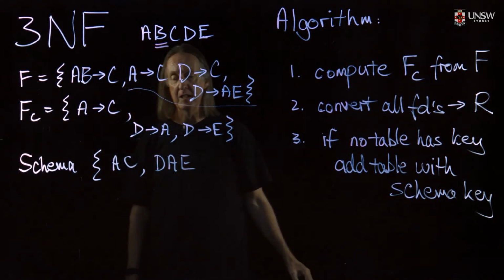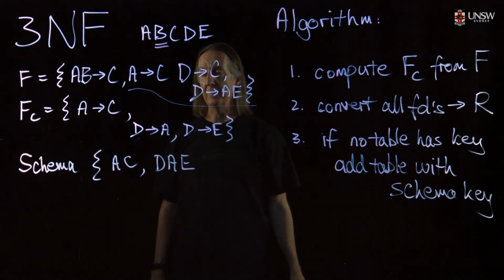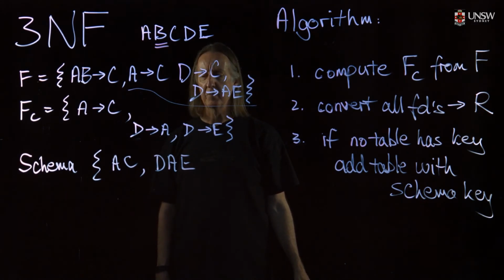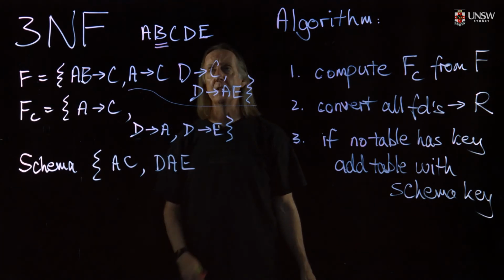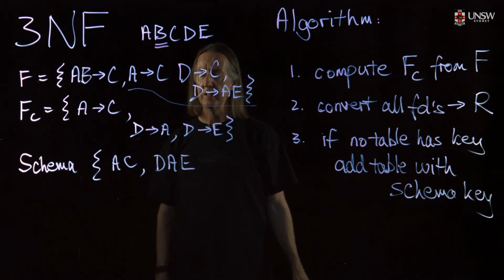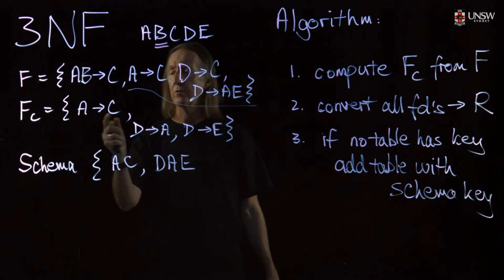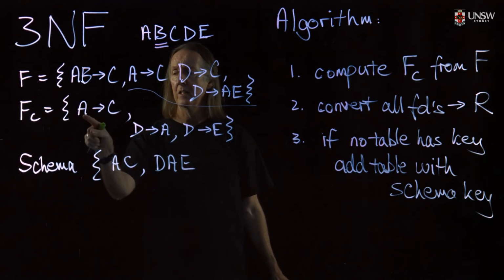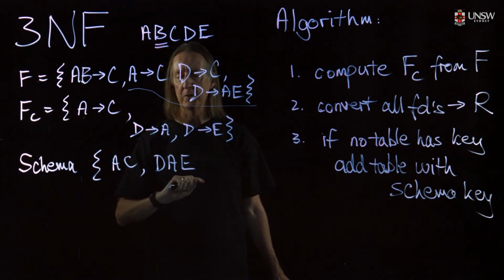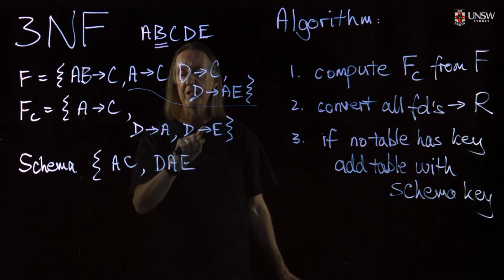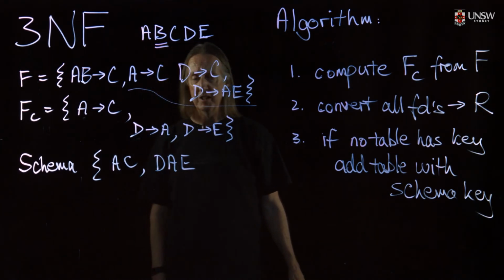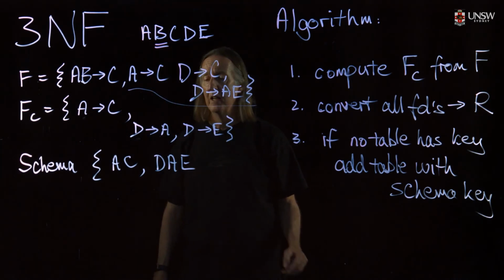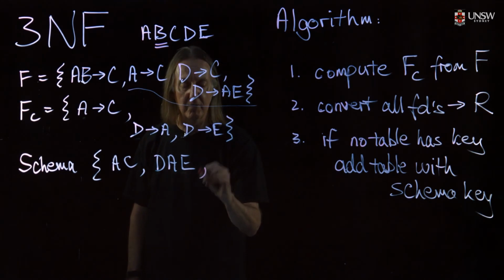B doesn't appear anywhere. So that's a problem. We couldn't form a key for the schema without B. So what we need to do in order to get a key, clearly A has to be part of the key because it produces C. D has to be part of a key because it produces E. And B has to be part of the key.